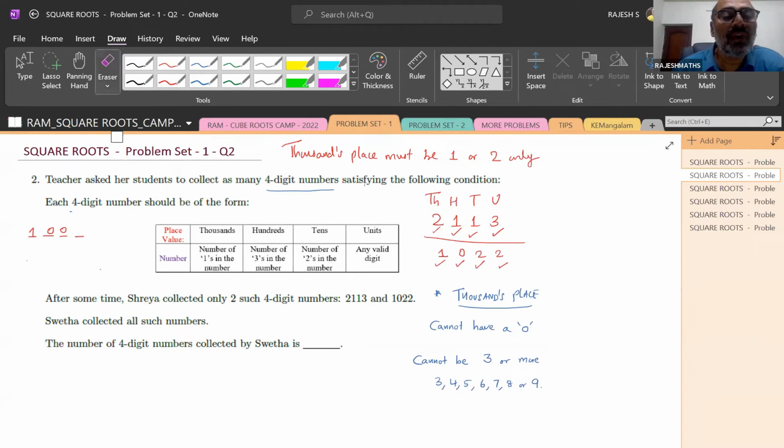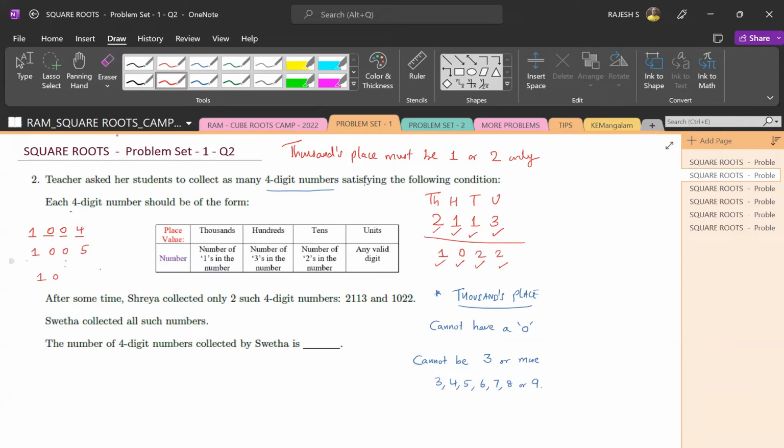Any valid digit for the number of 3s, number of 2s, and then you can have anything other than 1, 2 or 3. You can't put another 1 because there will be two 1s. So something like 1004 can come, 1005 can come. Can 1000 not come? 1000 can also, let me check. Yes, 1000, because it satisfies the condition.